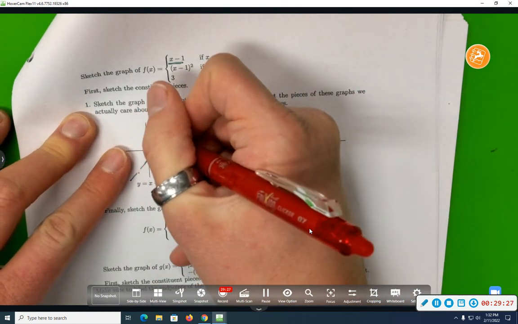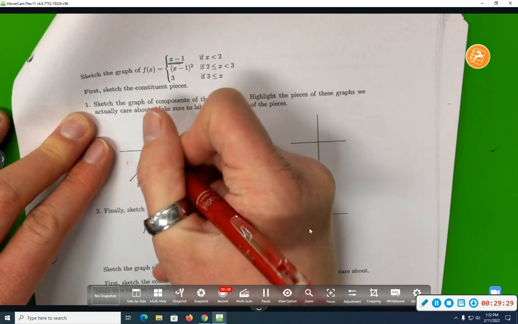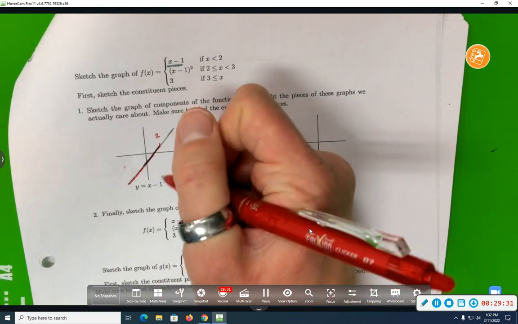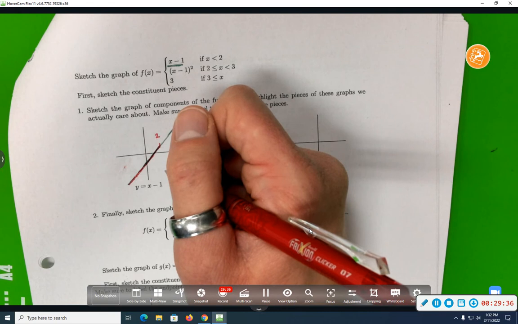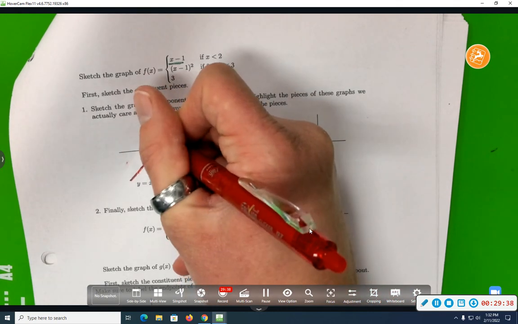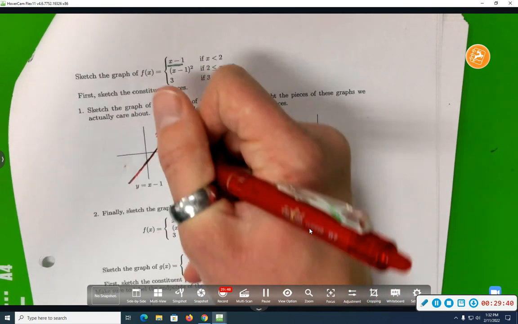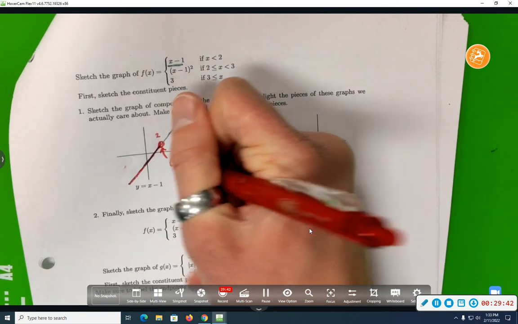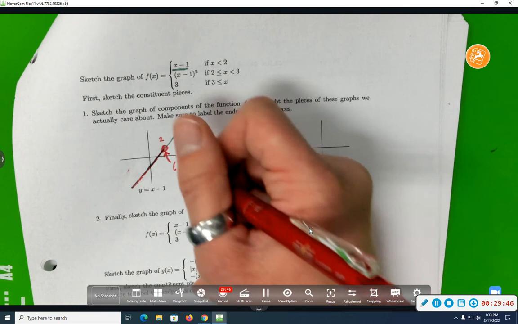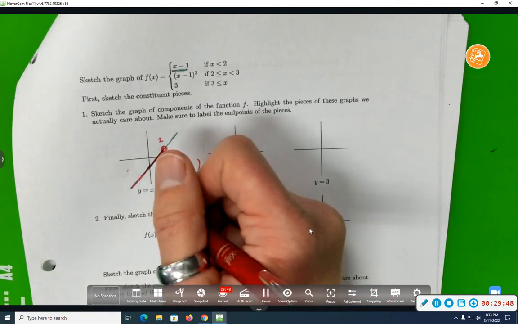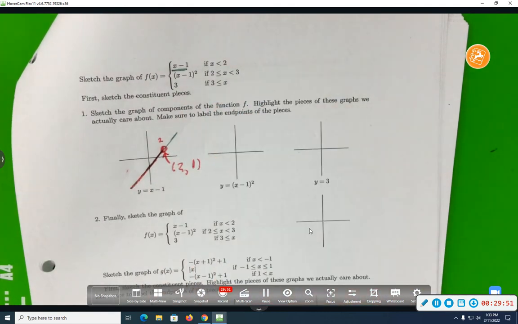If there is 2, there's the piece of the function I care about. Should I have an open circle or a closed circle at the end? Open. And let's go ahead and make sure that point itself is correct. That's the point 2 comma what? What's the y value? 1. All right, plug in 2, you get a y value of 1. Cool.